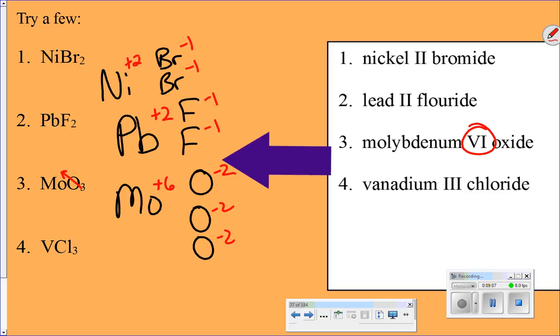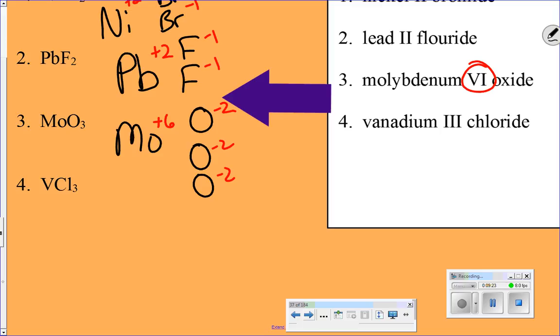And that's actually not correct, because oxygen's charges are each negative 2. If you brought the 1 up here, you'd be saying oxygen has a negative 1 charge, and it doesn't have a negative 1 charge. So you do need to be cautious with reverse crisscross. It's not something I'd recommend you doing as a habit at this point. Each of the chlorines are negative 1, meaning vanadium has to be positive 3, so vanadium 3 chloride.